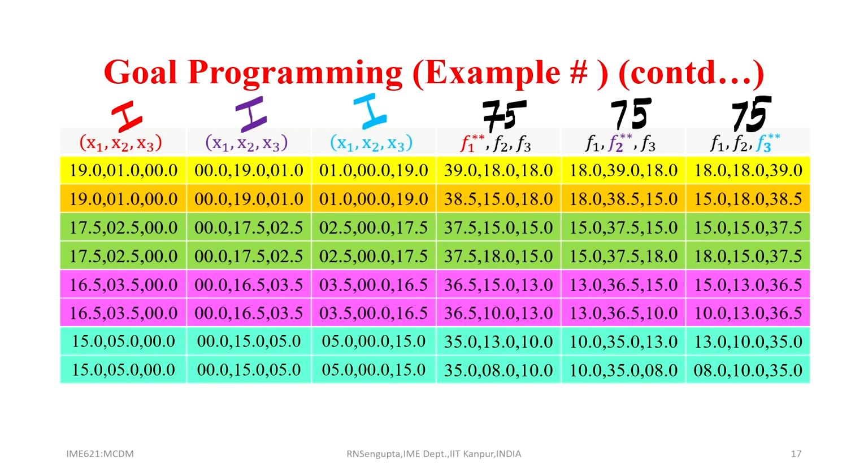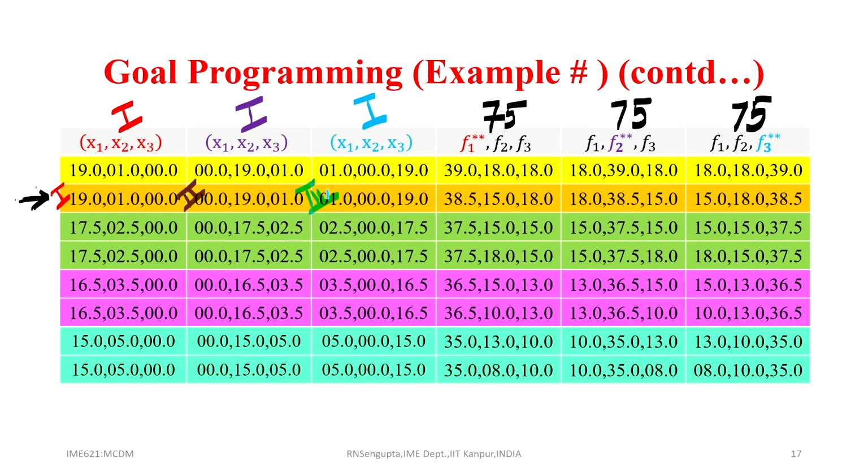For the case when you have the value of f1 double star or f2 double star or f3 double star as 38.5, then this dark yellow set of values would correspond to the case where you would have the Pareto points, this is the first of them, second for them and third for them.